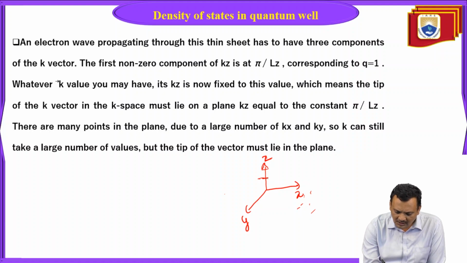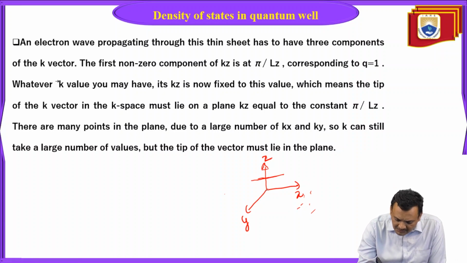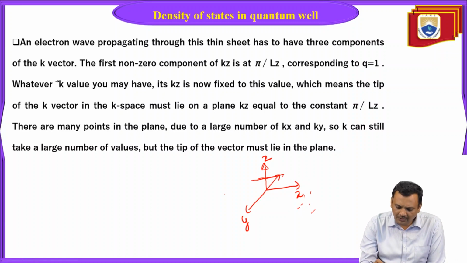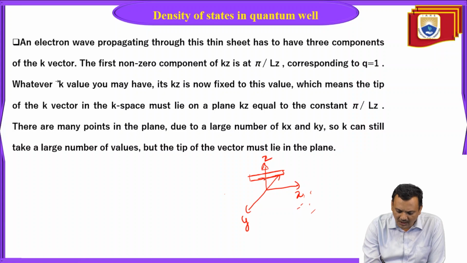Let's suppose this is the first value we are taking. So your k vector will always lie on this plane, and this plane is cutting the z axis at what? At the point pi upon Lz.